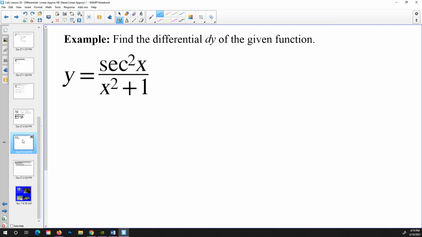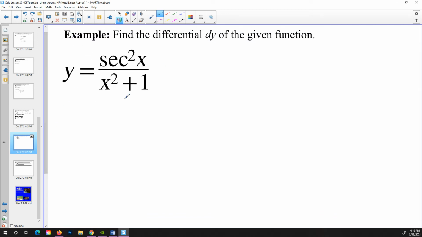Now, find the differential dy of the given function. So here we're going to rewrite this. Remember, this is a quotient. So we'll say that dy is going to equal u dv minus v du all over u squared.